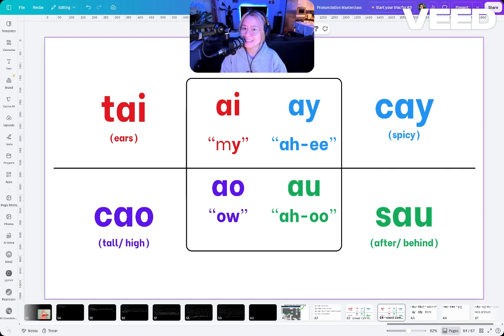Cay. For owl, we have the word for tall or high. What is that? Cao. Oh, I'm sorry. The word for after or behind is sau.